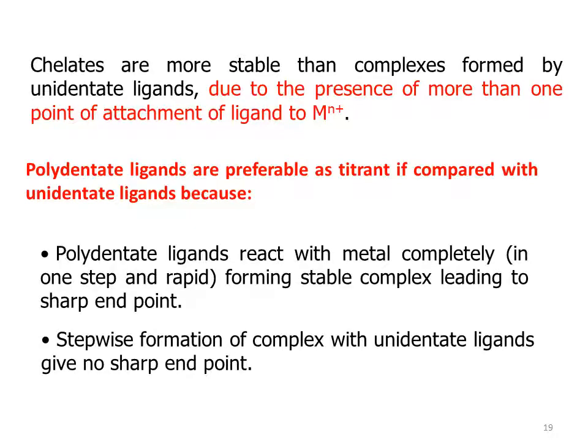On the other hand, any stepwise formation of the complex with a unidentate ligand gives no sharp endpoint. For quantitative determination of the concentration of our sample, we should apply a polydentate ligand to give a sharp endpoint so that we can take the reading more accurately.